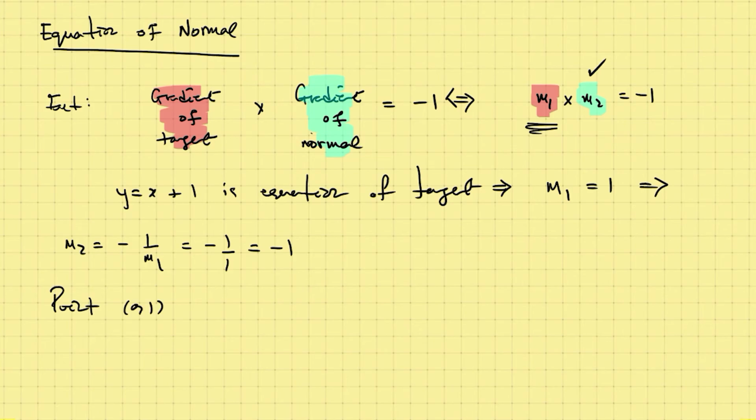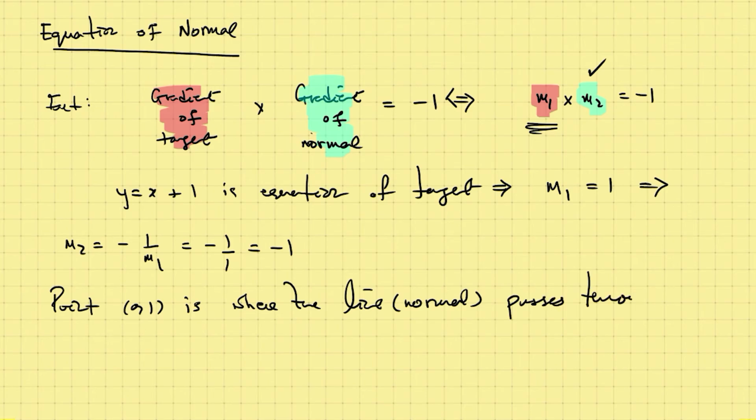So we've figured out the gradient of the normal, and we know that the point (0, 1) is where the normal line passes through. But this is a very special point, just like in the example we did about tangents. The reason it's special is that it's already on the y-axis. My equation of the normal is a line, so it has the form y equals mx plus c, but in this case m means the gradient of the normal, and c means the y-intercept of the normal.